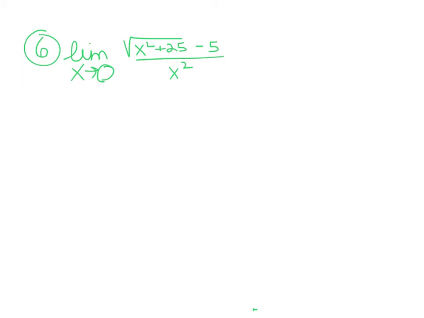So this type of problem is interesting. It actually involves something you probably learned back in Algebra 2. You'll notice that if you substitute in 0, again, we're going to get a 0 over 0. This one is not as easy to multiply out as the previous one, and there's not really any easy way that you can factor. However, one thing that you can do is you can rationalize.